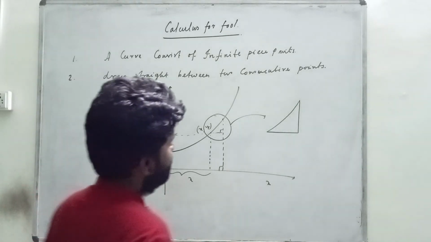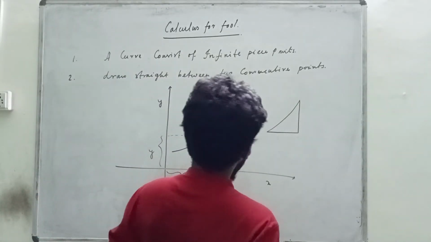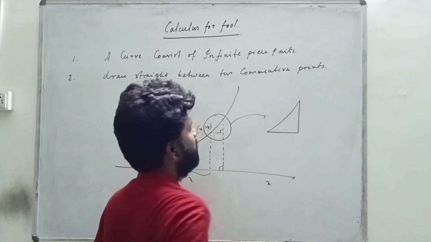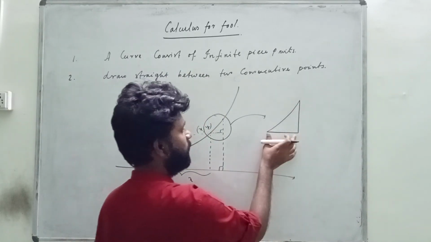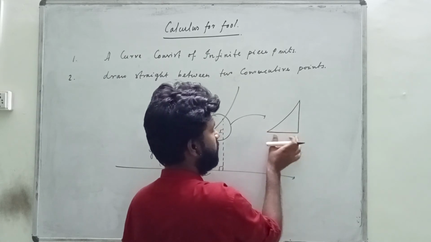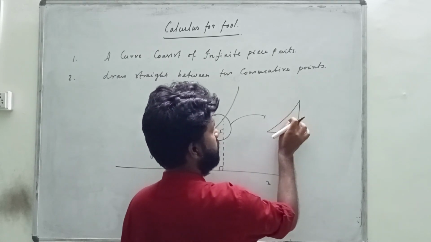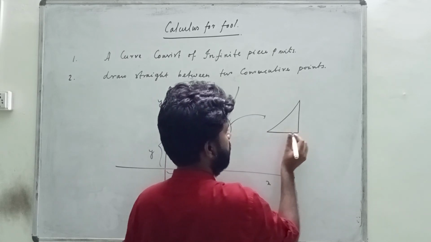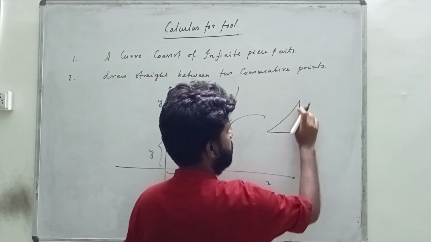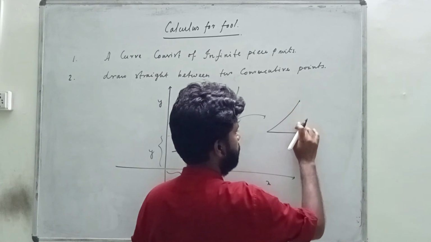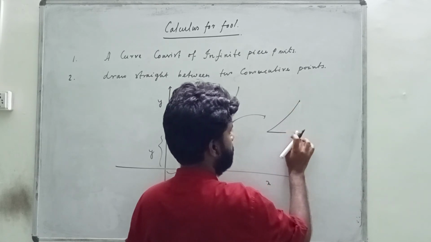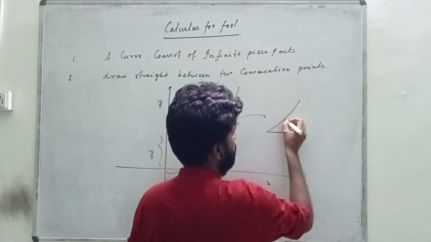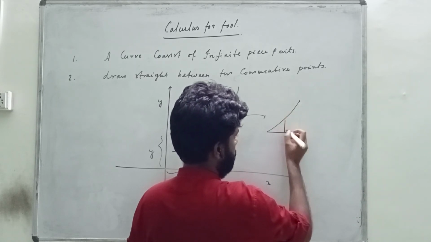Okay, if this is the base, this is the height. If you reduce the length of the base, like previously here, I will reduce the base, and of course we should reduce the height, obviously.